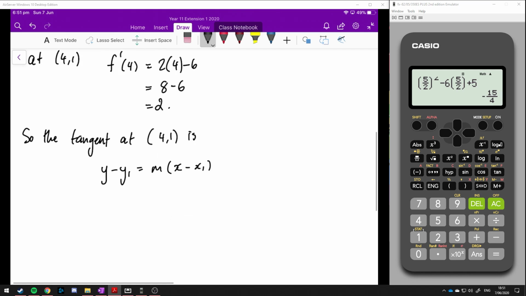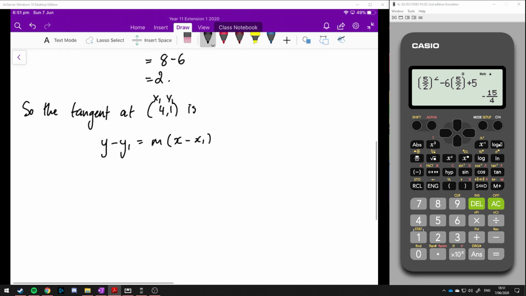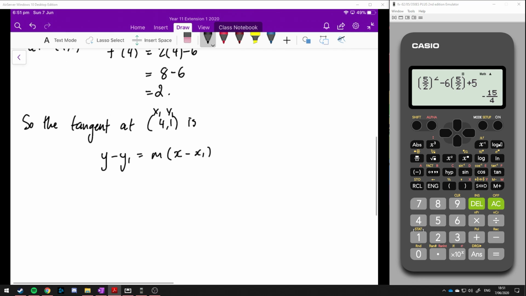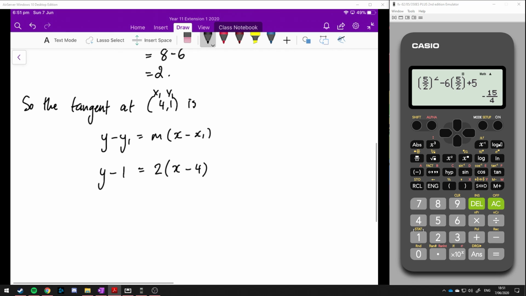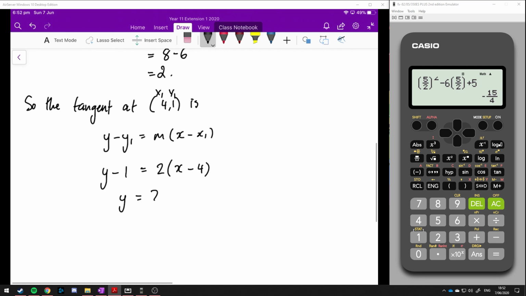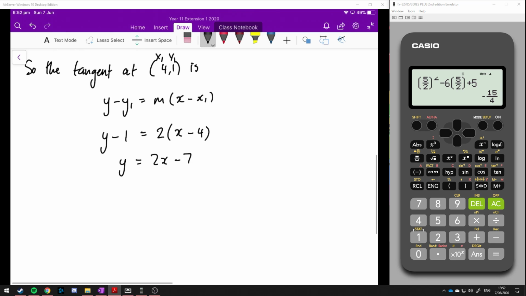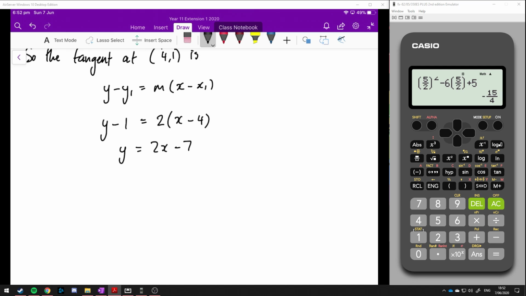Remember, x1 and y1 is this point up here, and our gradient is 2. So we're going to go y minus 1 is equal to 2 lots of x minus 4. And if we just expand and rearrange, we get y is equal to 2x minus 7. So minus 8, add the 1, minus 7. So that is the equation of that tangent.